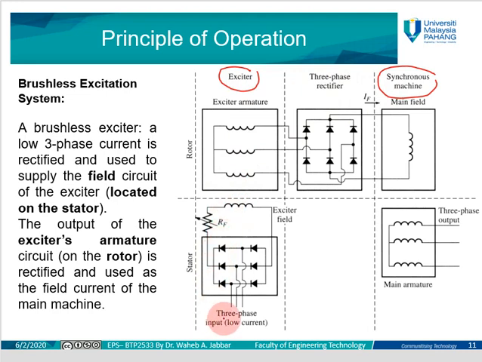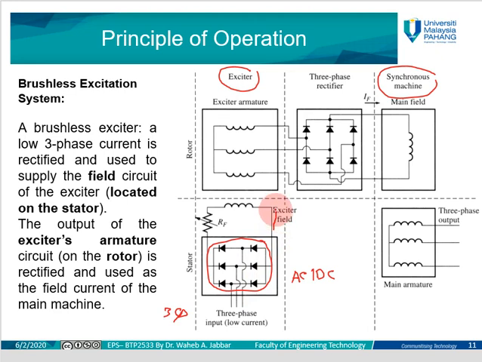It will be connected to a three-phase power supply here. It goes through the rectifier here. As you know, the rectifier is used to convert AC to DC. So the input to this rectifier is AC current, and the output will be a DC current.